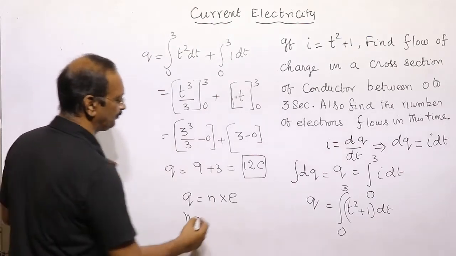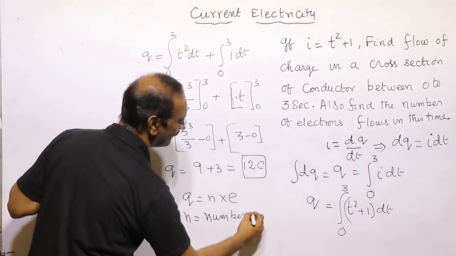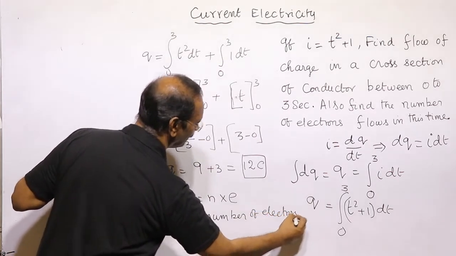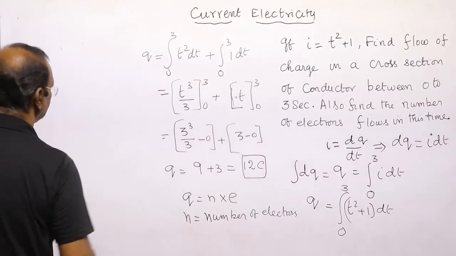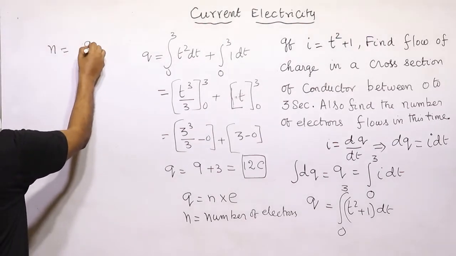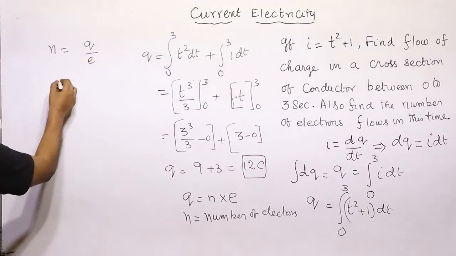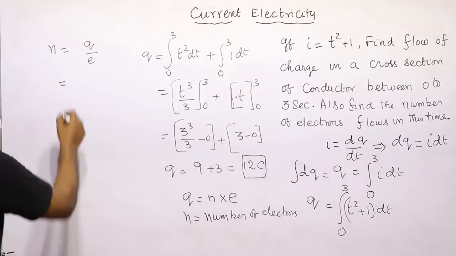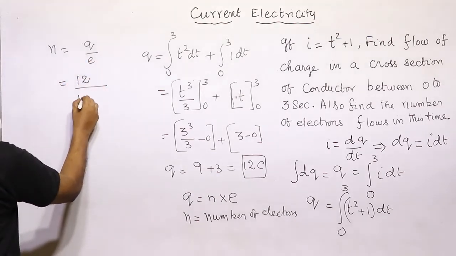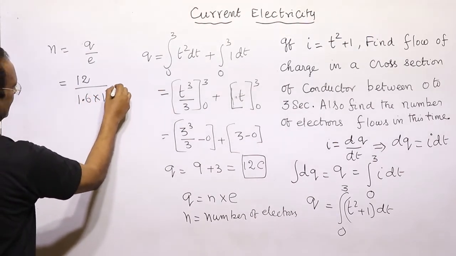So n is equal to charge divided by charge of one electron. The charge is 12 coulomb, and the charge on an electron is 1.6 into 10 to the power minus 19.